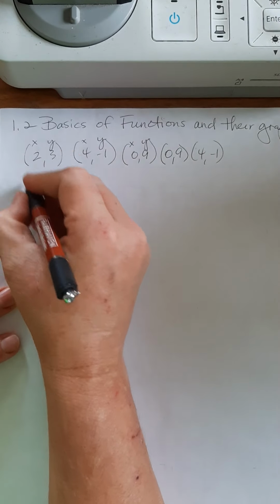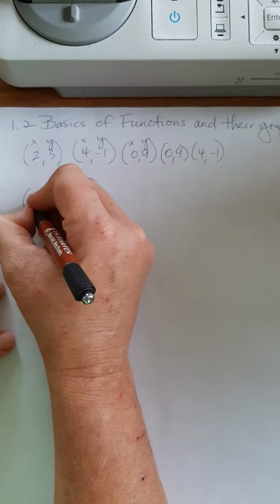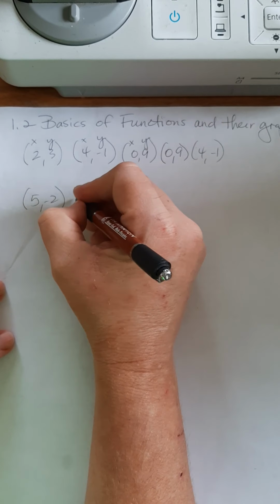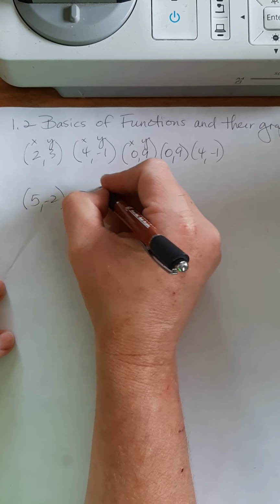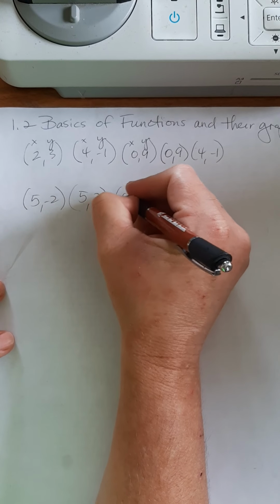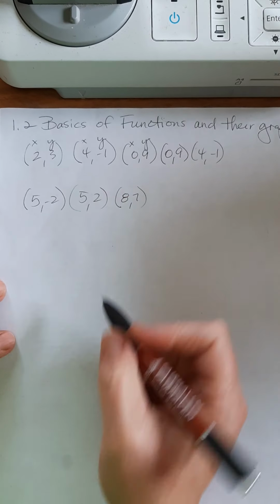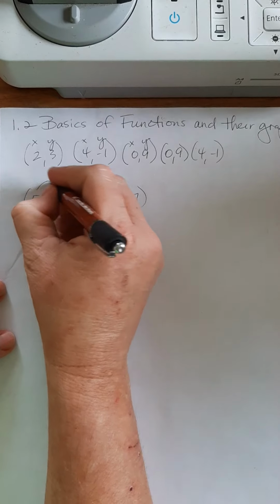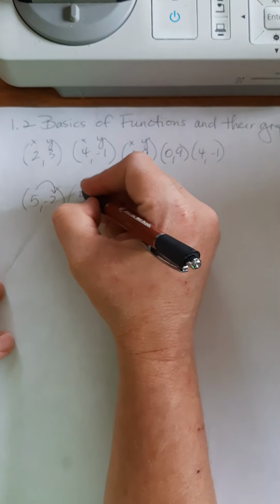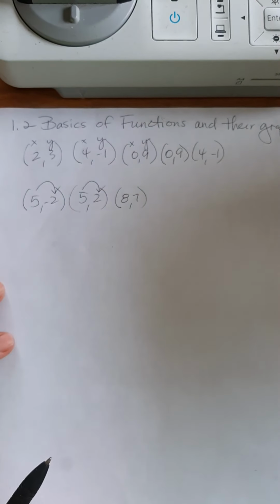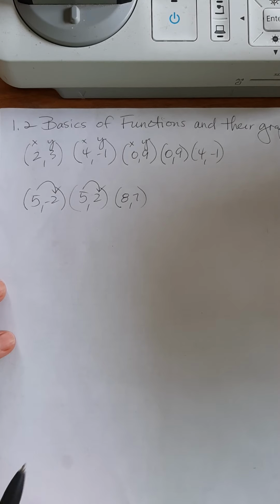But if you had, let's say, (5, -2), (5, 2), (8, 7), notice how you can't plug in 5 and get -2 and 5 and get +2.